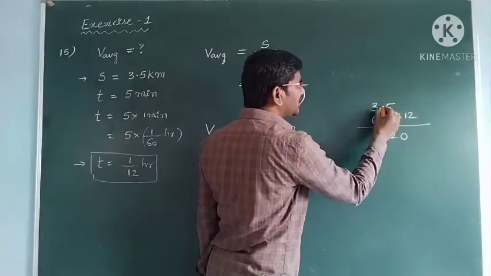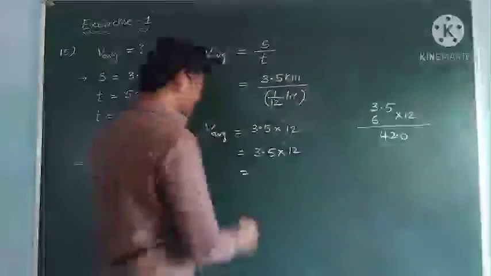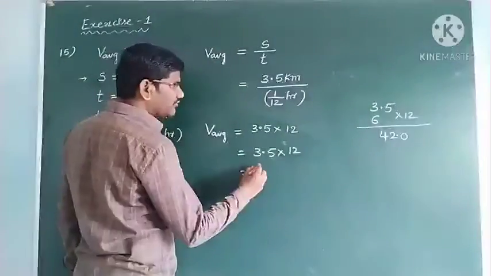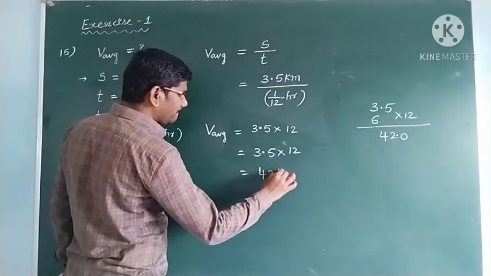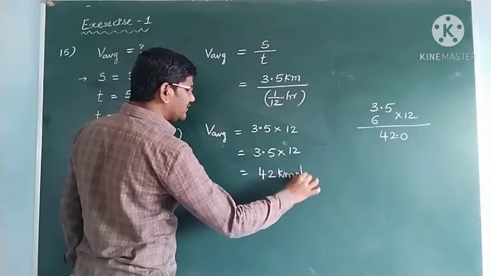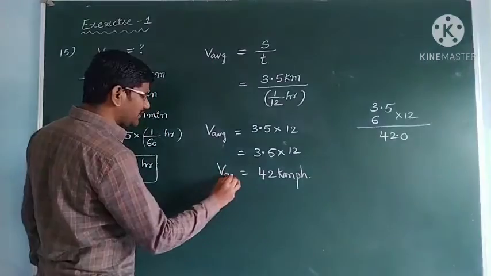And after one digit we have to put the decimal, 42. So 3.5 into 12 we are getting 42 kilometer per hour. This is called average speed.